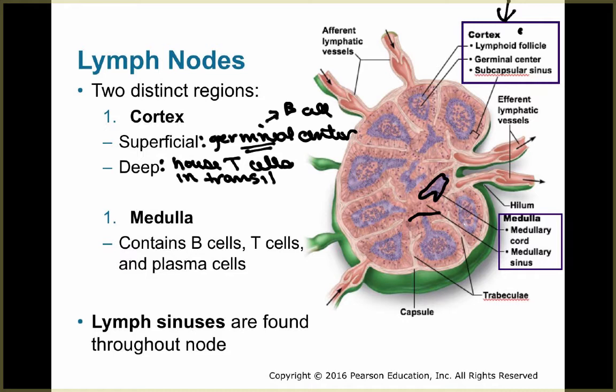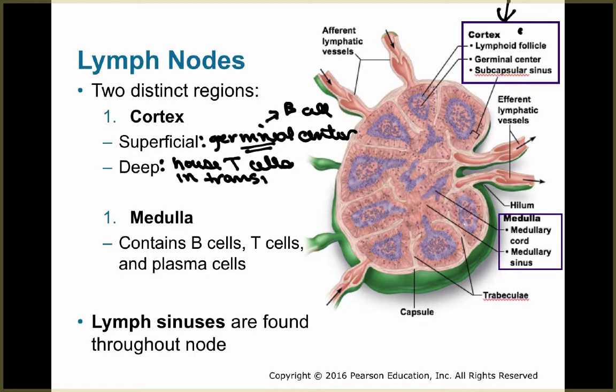And so the lymphoid sinuses are found throughout. As you can see, you have the subcapsular sinus, and then you have the medullary sinus. So these lymph sinus areas are found throughout the lymph node. It's just depending on their location, they will have different names.